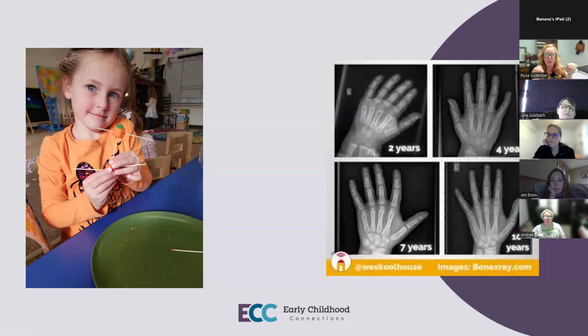So how are you using that? One of the go-tos is Play-Doh, right? But there's so many other ways that we can improve their dexterity and their strength. In this one, they were stabbing toothpicks to create the first letter in their name in pumpkins because it was fall time. So this is just something that you can do to find where they're at and move them towards the next step.